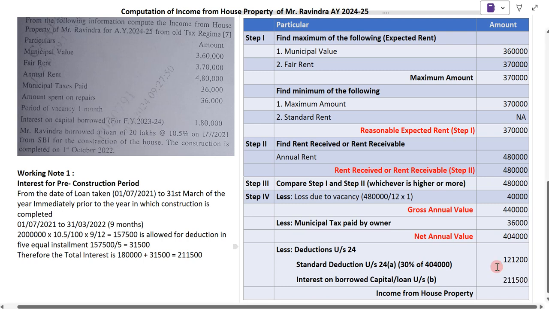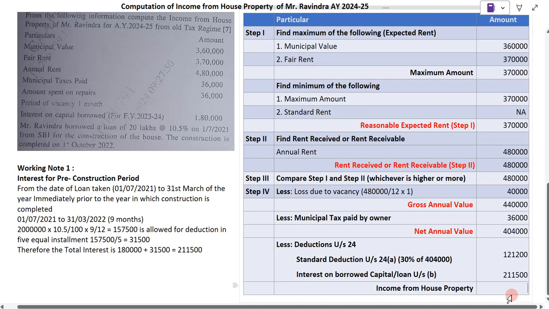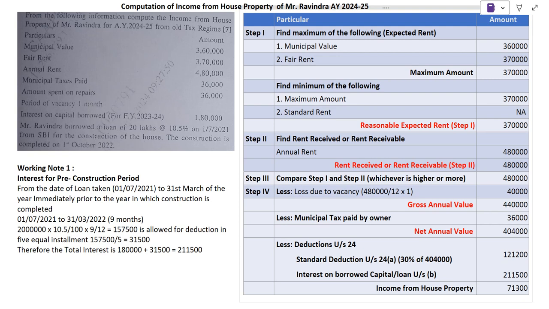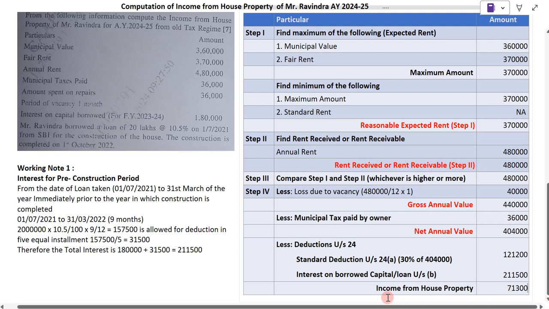Okay, so here you will write in front of interest on borrowed capital, 2,11,500. Now you will deduct these two amounts from the net annual value, that is 4,04,000 minus 1,21,200 minus 2,11,500. The remaining is 71,300. Okay, so this is our income from house property.